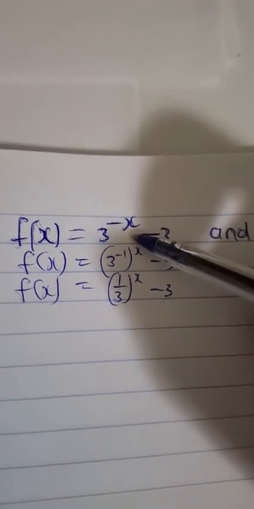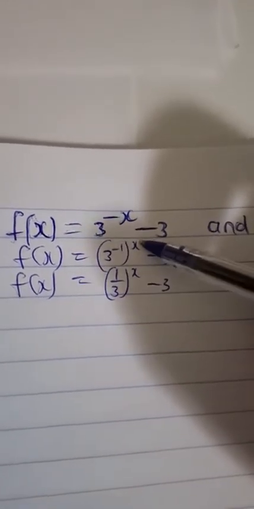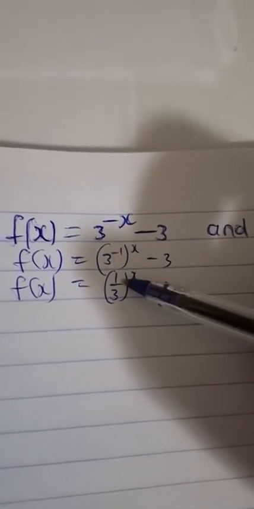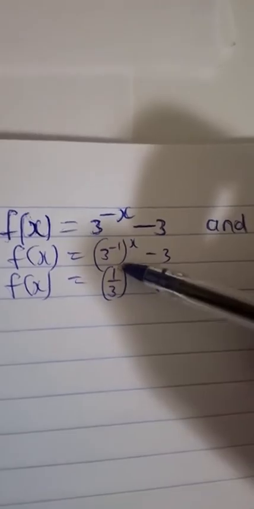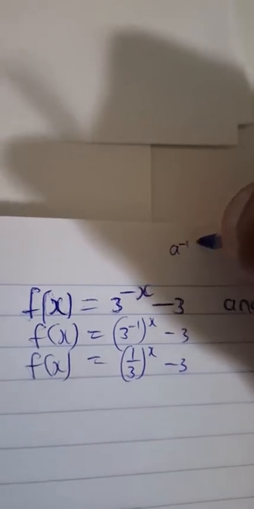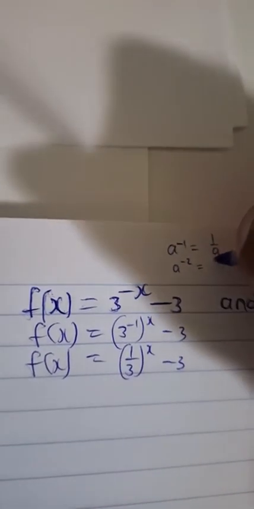So I move from 3 to the power negative x to 3 to the power negative 1 raised to the power x, and then I convert that 3 to the power negative 1 to 1 over 3, which is basically from the laws of exponents. I hope you understand that a to the power negative 1 can be written as 1 over a, just like a to the power negative 2 can be written as 1 over a squared.